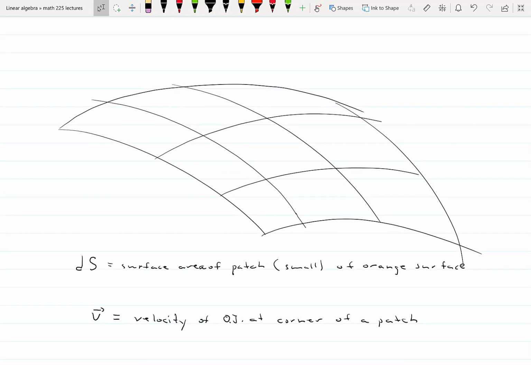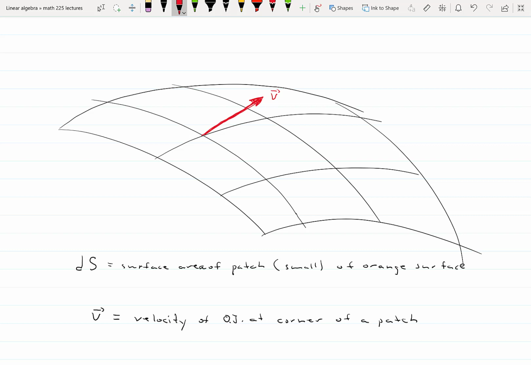So let me put that velocity vector on here. Let's see, I want my velocity vector to be red. Okay, so let's say the orange juice is passing through this corner in this direction. And the length of that vector tells you the speed at which it's passing through that orange in that direction. So here's our v vector, the velocity vector of the orange juice.